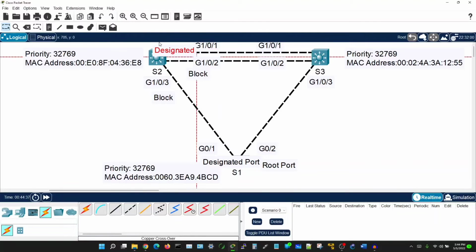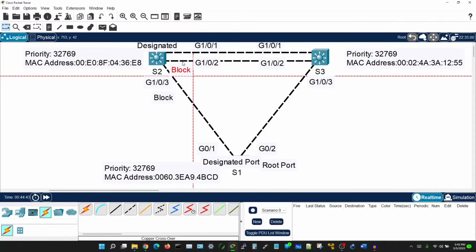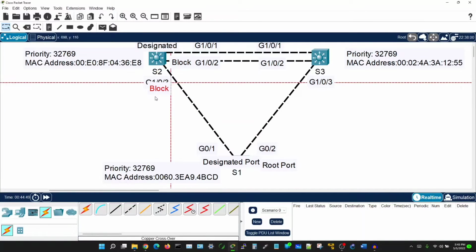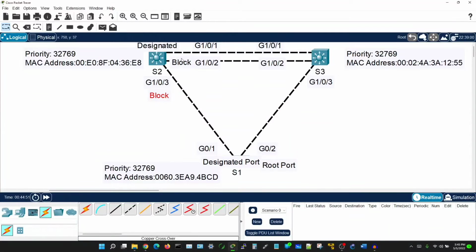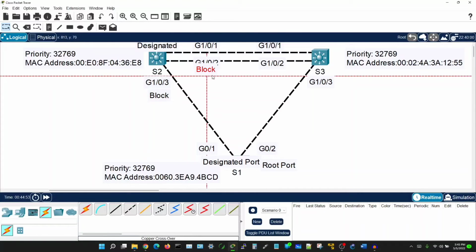Now let's see if we have that correct. We said that this one should be designated, this one should be blocking, and this one also should be blocking. Now let's see if that's correct.